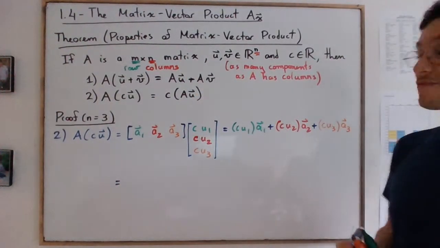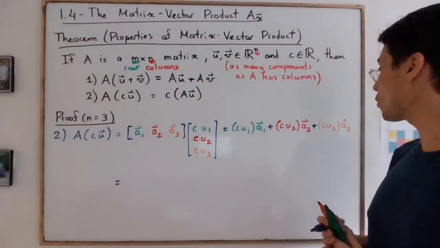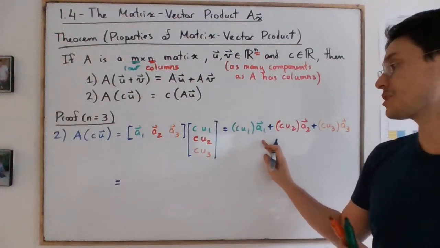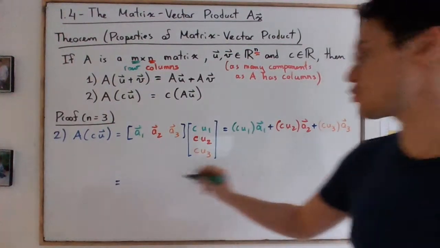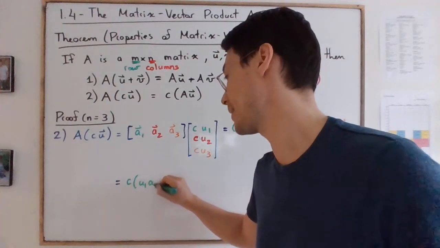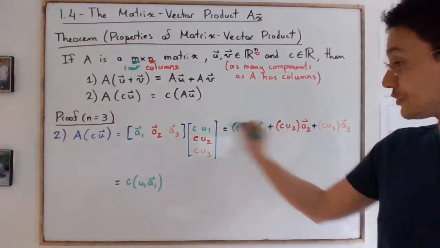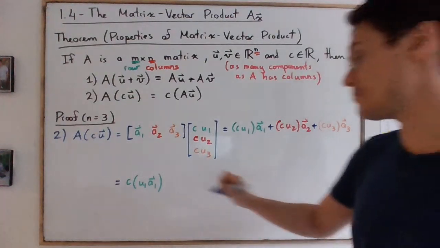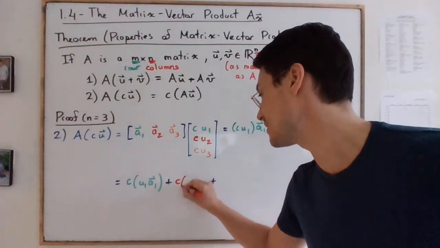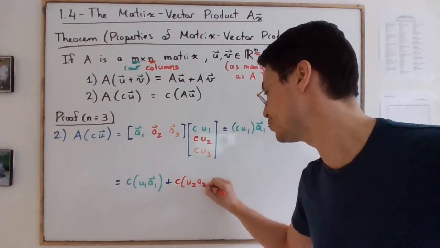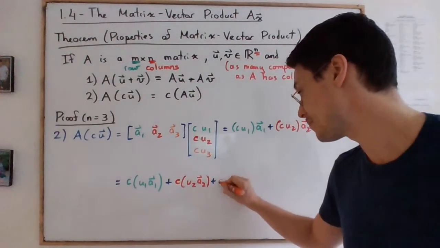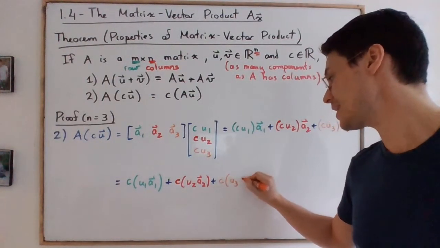From there, we are going to use associativity. In other words, we're going to turn each one into c times u1 a1, and obviously do the same for the other two: c times u2 a2, and finally plus c times u3 a3.